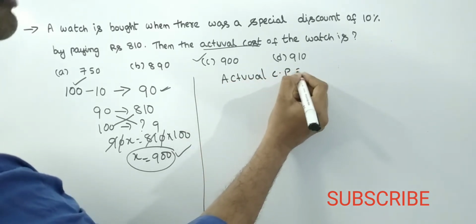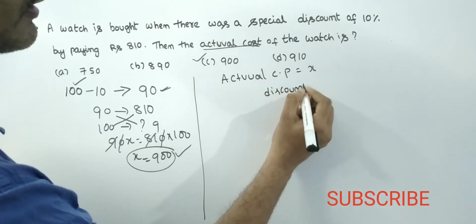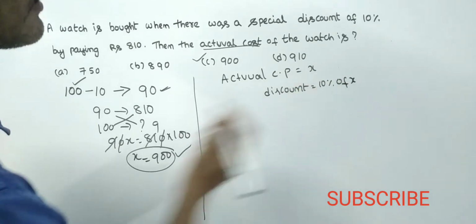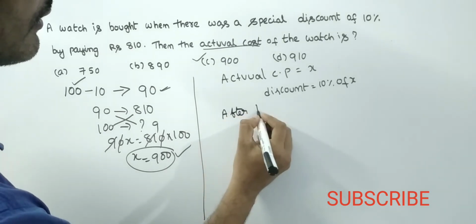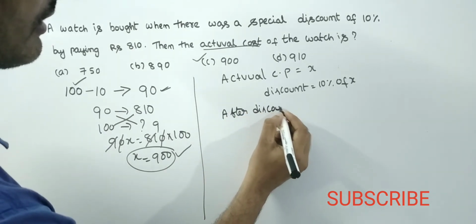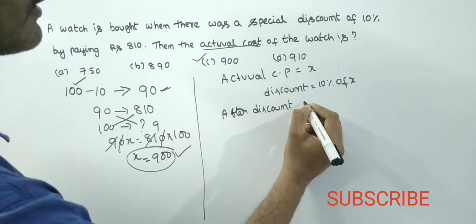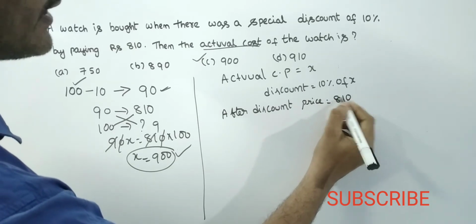See friends, actual cost price equals X. Then the discount equals 10% of X. What is the amount after discount? The price is 810 rupees.